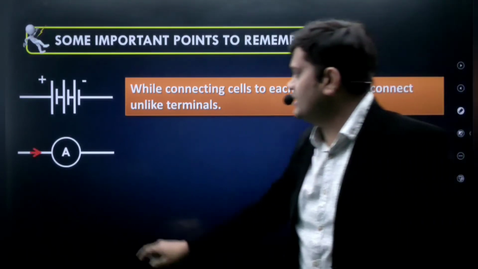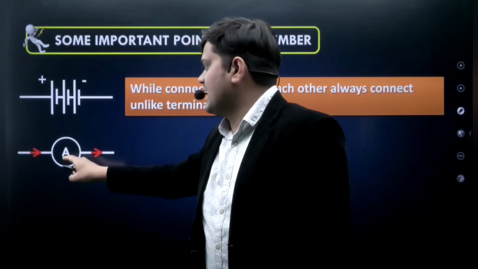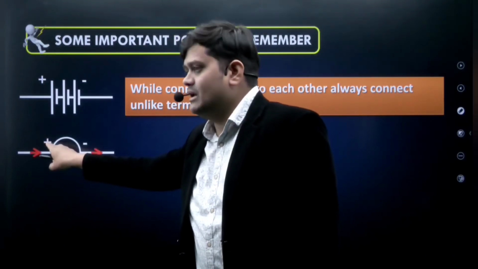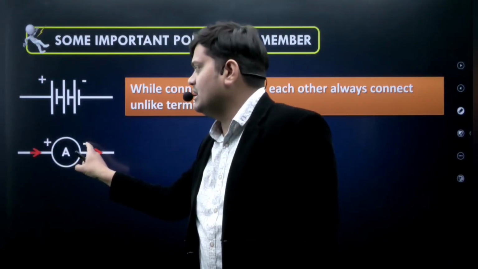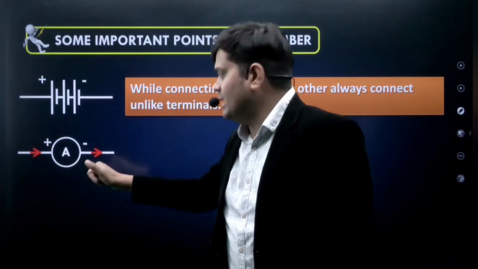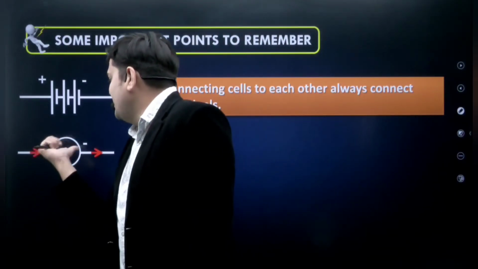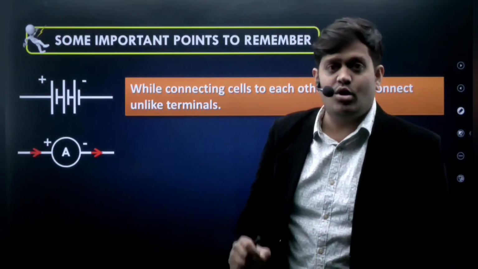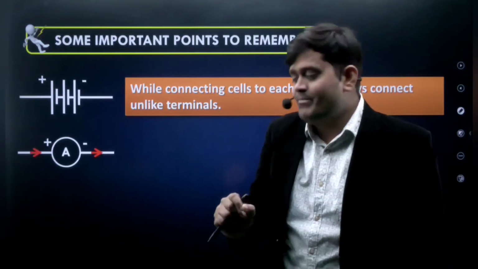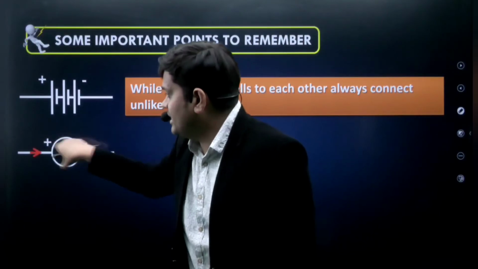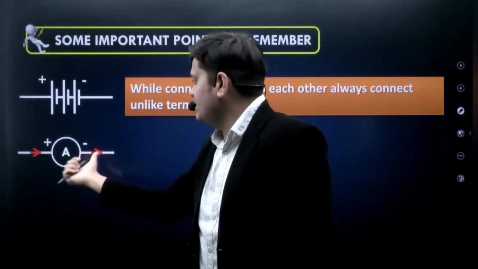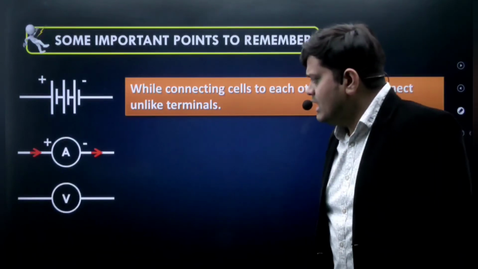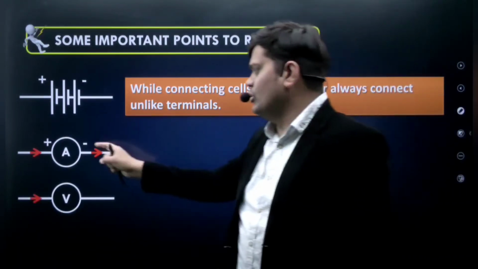An ammeter is always connected like this. It has a positive terminal and a negative terminal; current always flows in through the positive terminal and leaves from the negative terminal. So an ammeter is always connected in a circuit with the current entering at the higher side and leaving from the lower.